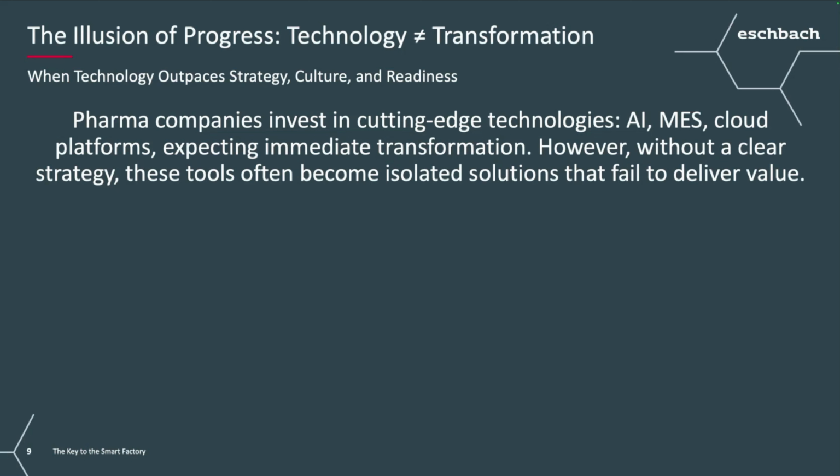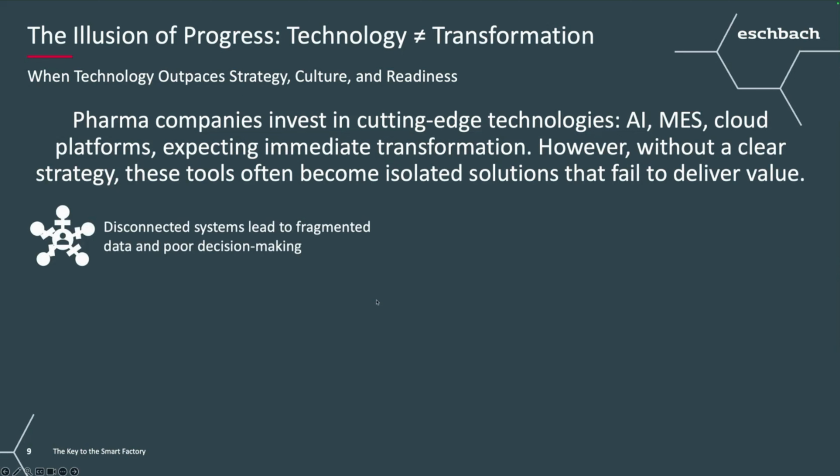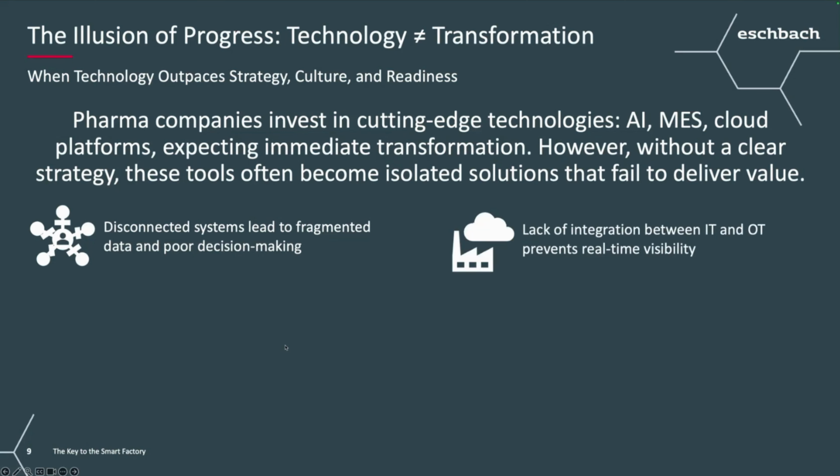What you don't want to see at the end of the day is disconnected systems, fragmented data and information scattered all over operations, and poor decision making, just because you have not embedded in your strategy the cultural readiness of the organization and integrated the organization on that journey to digital transformation.